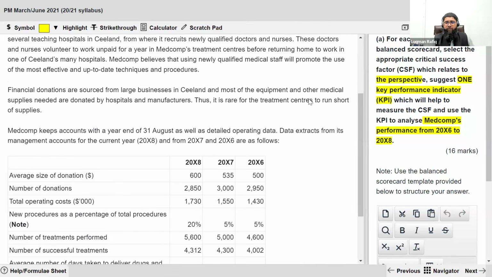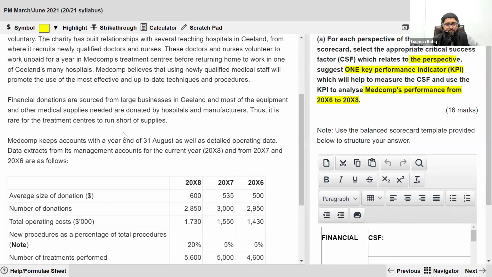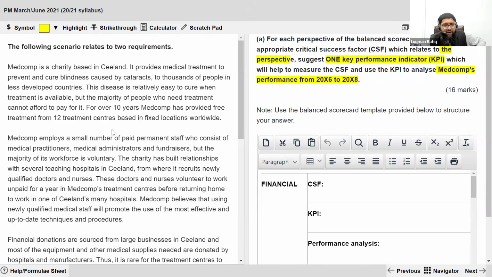Okay, let's start off. So it says MedComp is a charity based in Sealand. It provides medical treatment to prevent and cure blindness caused by cataracts to thousands of people in less developed countries.